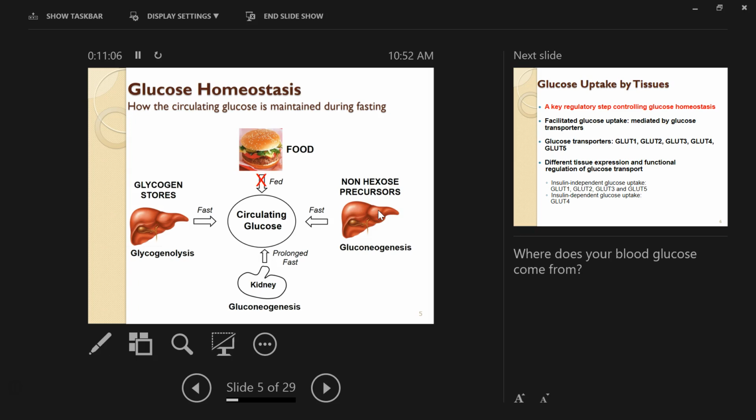And also the kidney is involved, together with the liver, to make glucose through gluconeogenesis. So these are two very important pathways that contribute to circulating glucose, to raise the blood glucose level: glycogen breakdown from the liver and gluconeogenesis from liver and kidney.